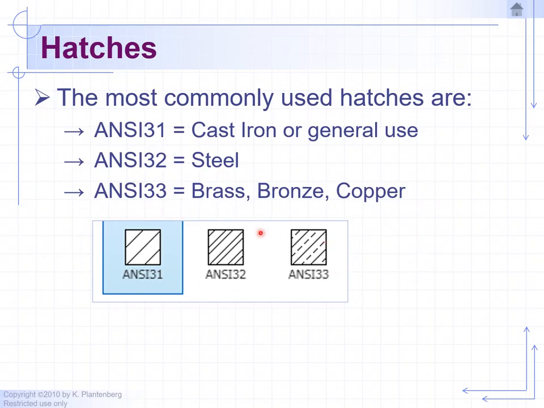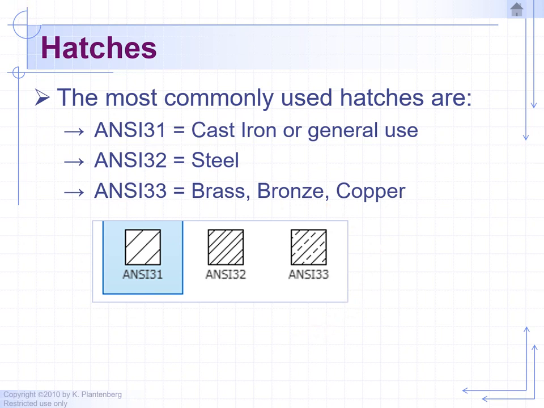So back in the good old days, you had to stick to the pattern, following the standard. But nowadays, I see drafters take the freedom of picking any pattern they like. These are the most common patterns that you will see on a drawing. Follow your company standards or whatever your department standards, whatever they follow.